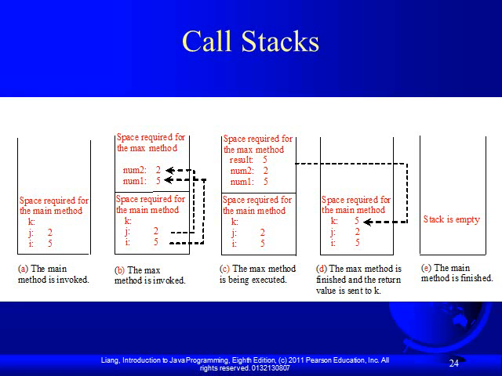Each time a method is invoked, the system stores parameters and variables for that method in an area known as a stack. As shown in the slide, each method has its own stack area, and as methods are executed, they need to reserve memory for the variables that are needed.